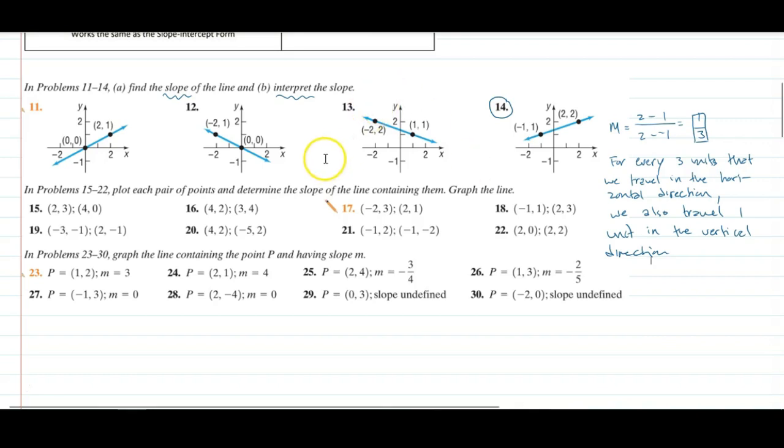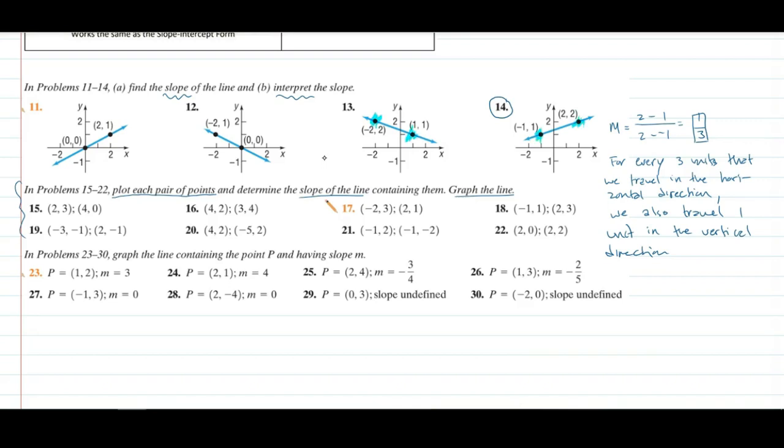Okay. Now, the next exercise, because you do have homeworks from all this, simply asks you to plot these points yourself and then tell the slope of the line and then graph the line, right? So as long as you have 2 points, you can always graph a line, right?